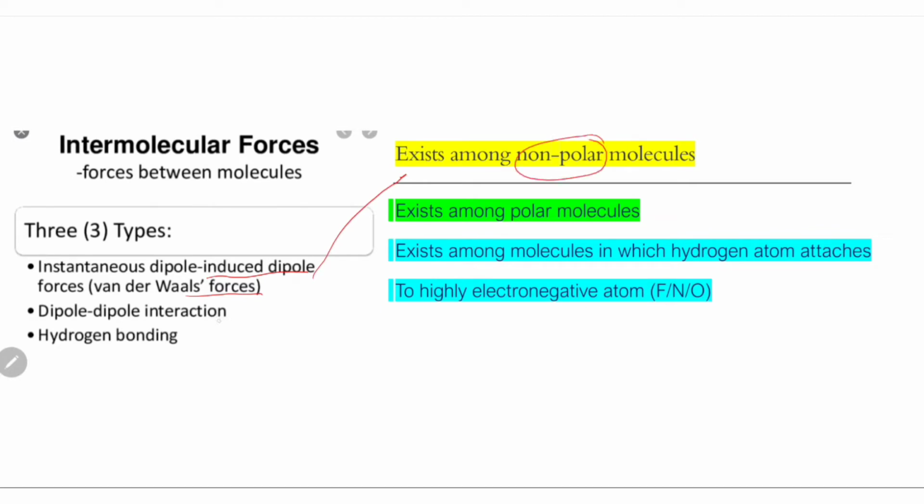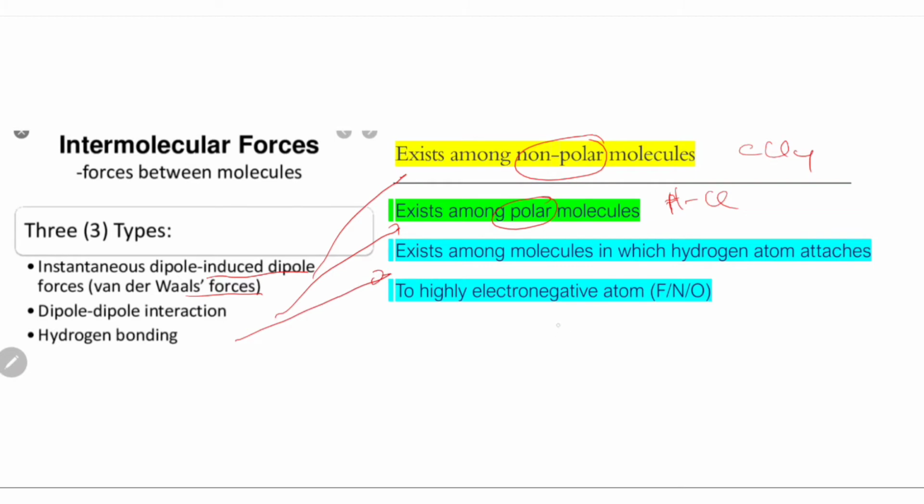A dipole-dipole interaction exists among polar molecules such as H2O or HCl. For a non-polar example, CCl4. And the third one is hydrogen bonding.